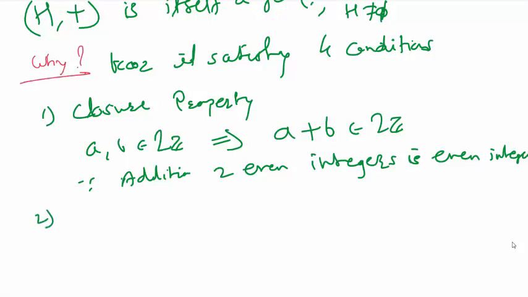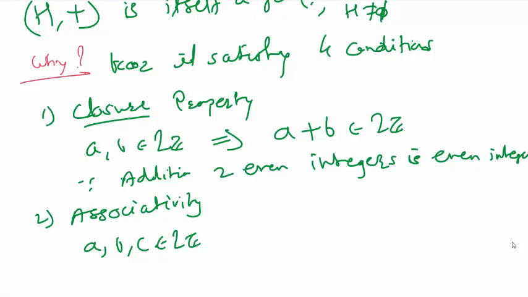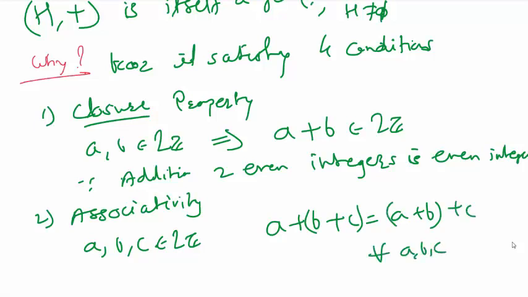Second property is associative. Clearly, if we take three even integers, say a, b, c, then (a + b) + c is the same as a + (b + c). This is true for all a, b, c belongs to 2Z.